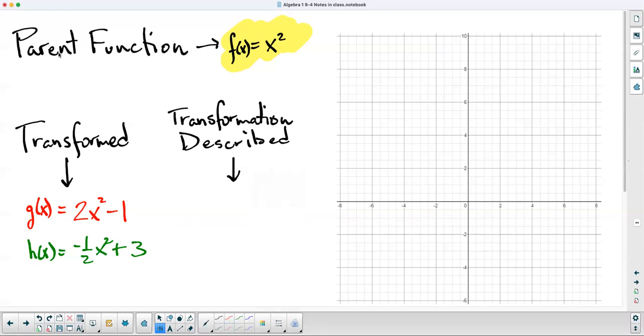Let's pick somebody. Oh, no, Ayla got off. How about Callie? Callie, do you think you could help me on the red one? It has two changes. What are those two changes?